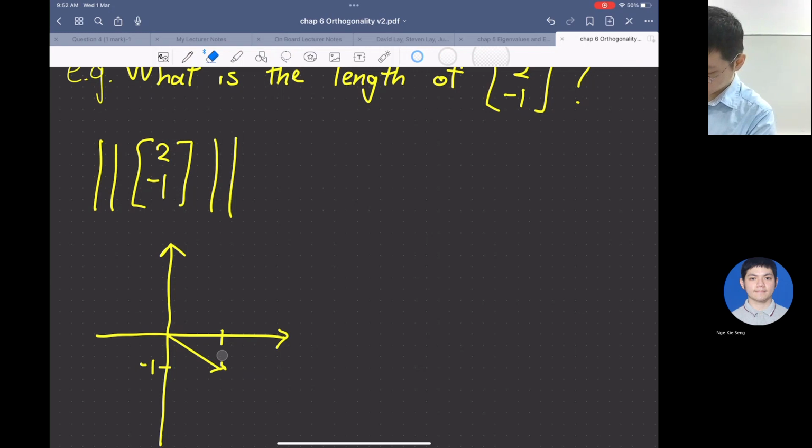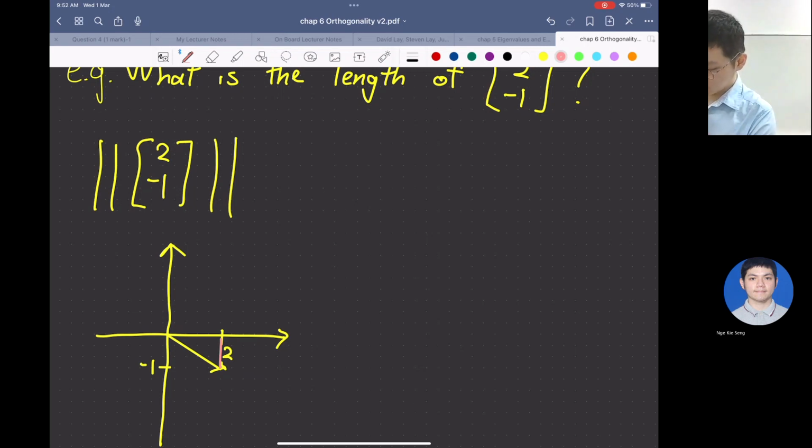So how do you compute the length of this vector here? If you just have elementary maths, maybe you can form this triangle here, right?